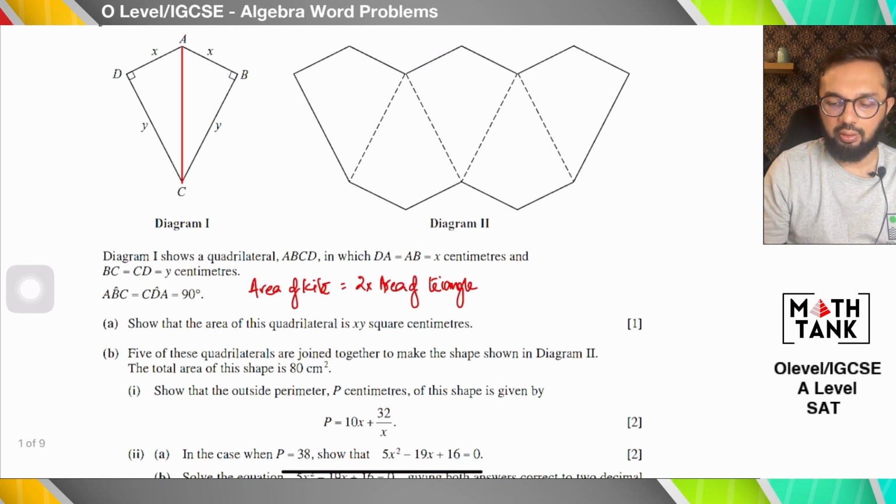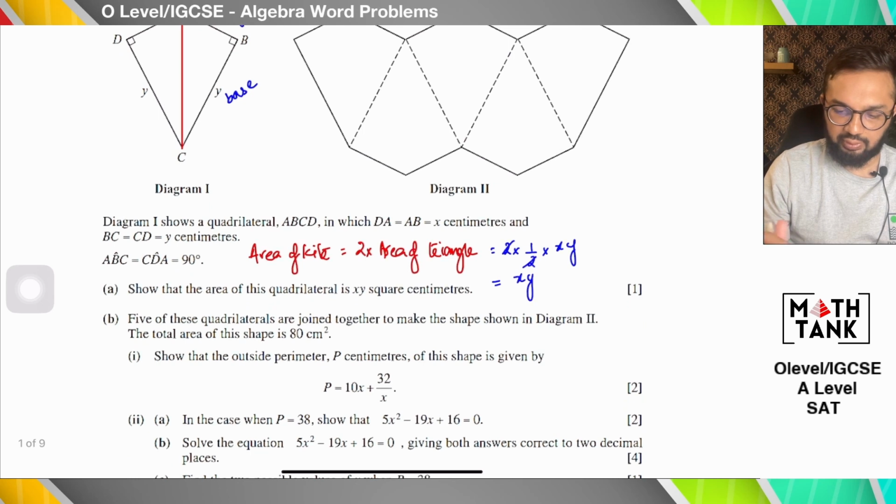So I have 2 times half times base, which is y, and height, which is x. So that gives me xy. So that is the area of the quadrilateral.